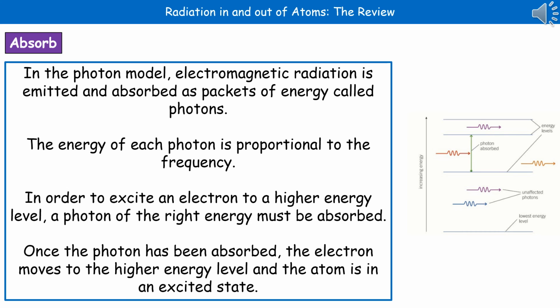If we want to excite an electron to a higher energy level, one further from the nucleus, then that electron has to absorb a photon of the right energy. Once the photon has been absorbed, that electron moves to the higher energy level and the atom is in its excited state.